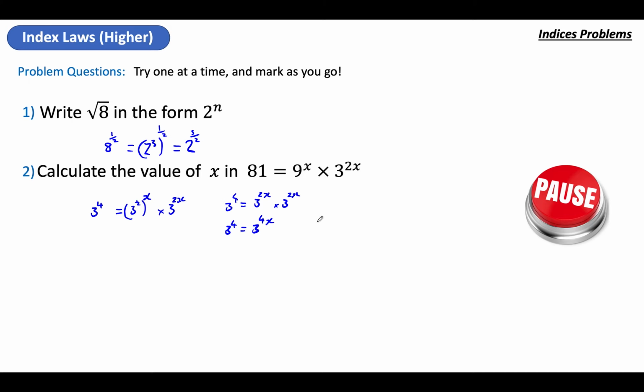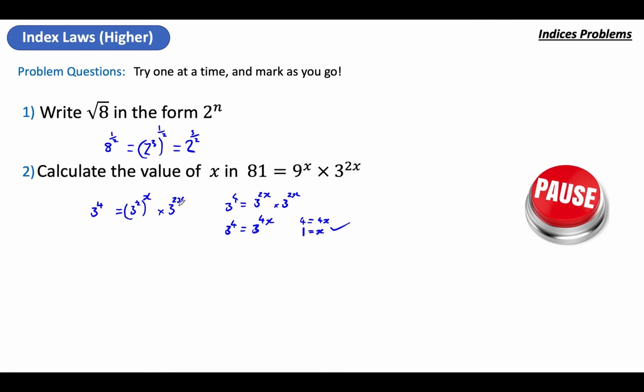Now you can probably guess what's going to be the answer for the next bit here. We've got 3 to the power of 4 is the same as 3 to the power of 4x. Basically, these must be equal because it's the same base number here, and they're equal. So 4 must equal 4x, which means x must be 1. Yeah?